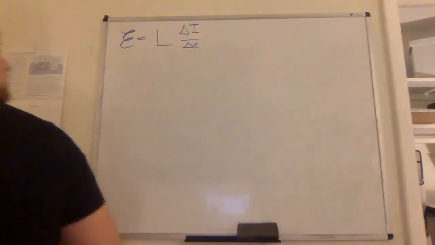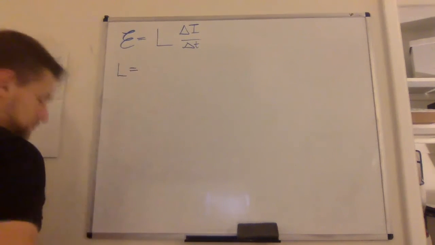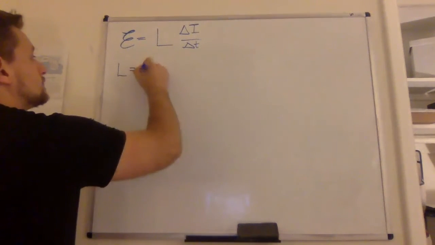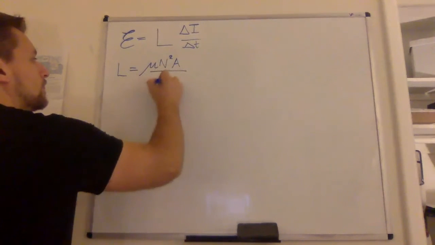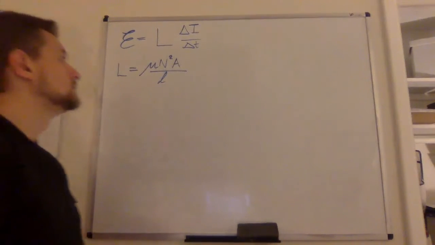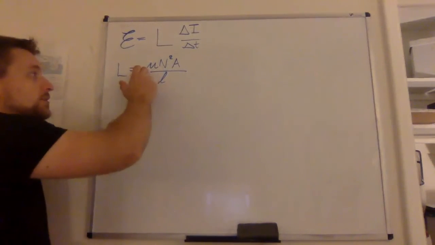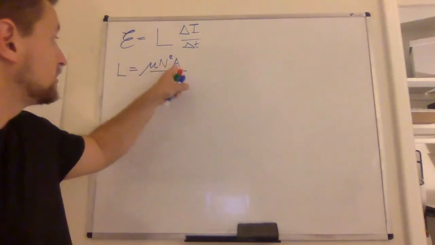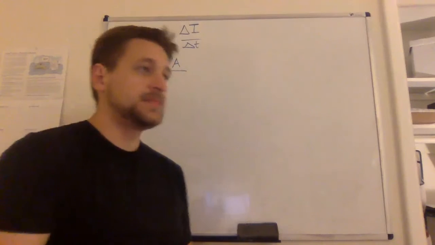And just for clarity, we said L was an L. The inductance of a coil has to do with the permeability of the medium, number of turns, cross-sectional area, and the length of the coil.